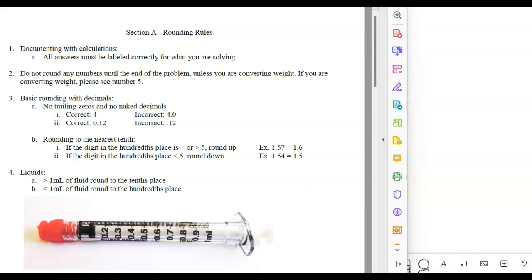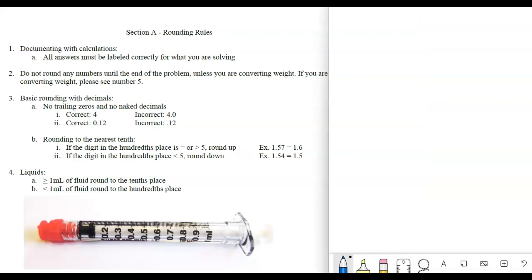If it is asking you to solve how many tablets, when you are done with your final answer, you want to make sure that you write, let's say for this one, tablet. Or if it's asking you for a volume, then you want to write 5 mL.